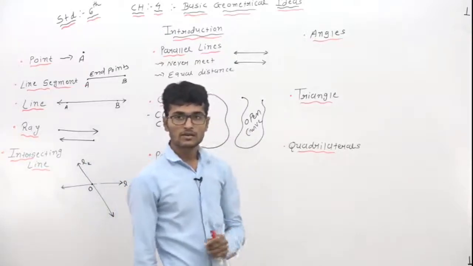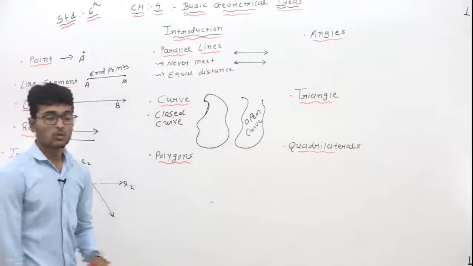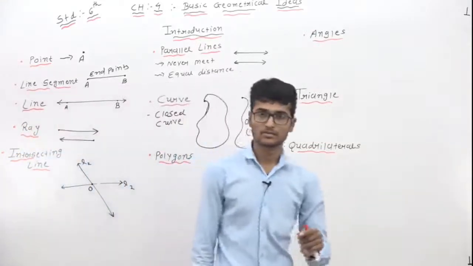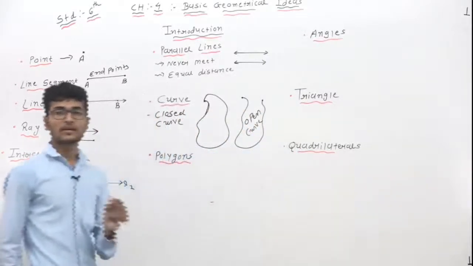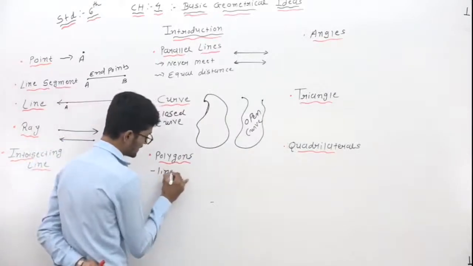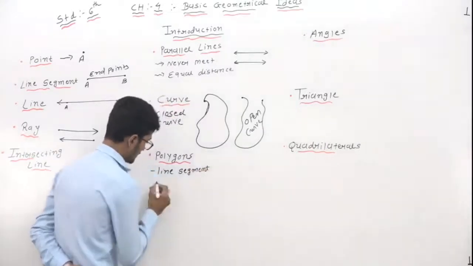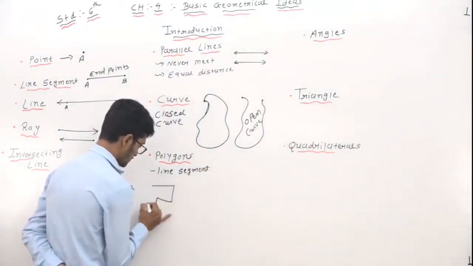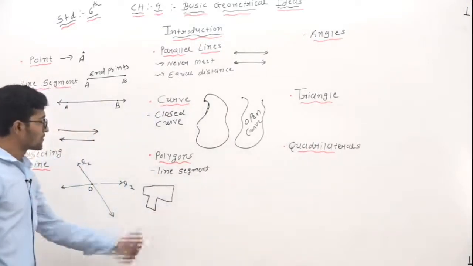Clear? Understand? Then after that, the polygon. So what is a polygon? A polygon is made of line segments. So first of all, using line segments, we have drawn one figure.